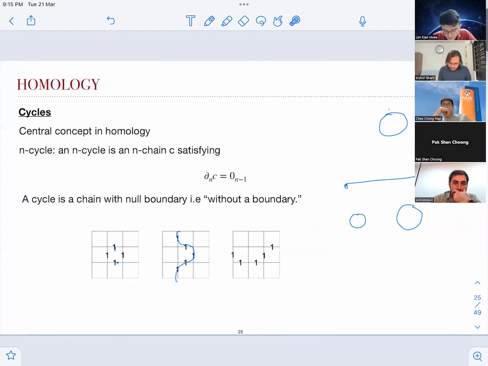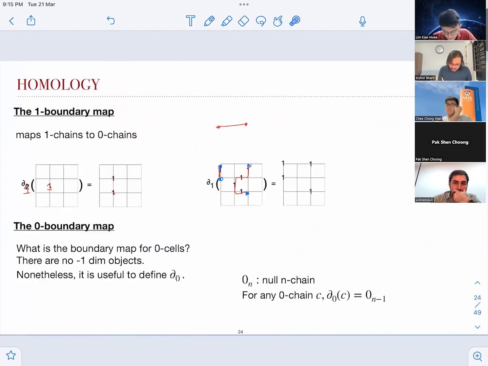For example, here you have a 2-dimensional object, and when you act on it by a boundary map, you get a 1-dimensional object. This was a 1 chain, and when you act on it by a boundary operator, you get the element of a 0 chain, the vertices at the end.